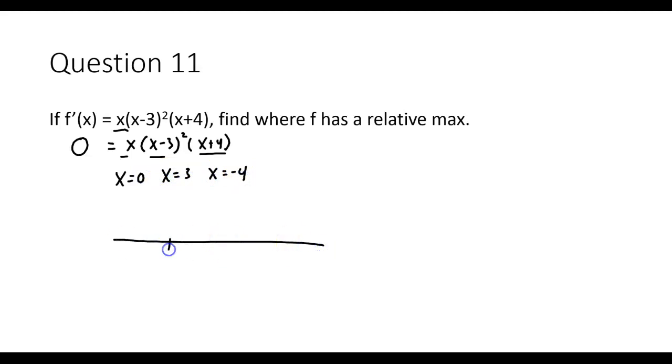Do a number line test once again, smallest to largest, and plug in some numbers to see if you end up with a positive or a negative. So I'm going to plug in some numbers here for each interval.